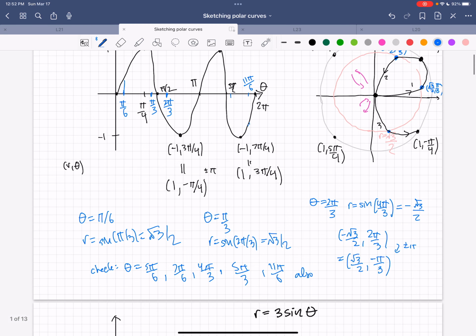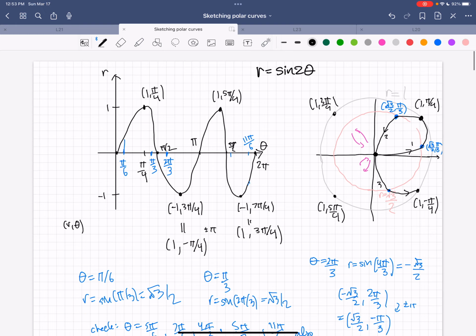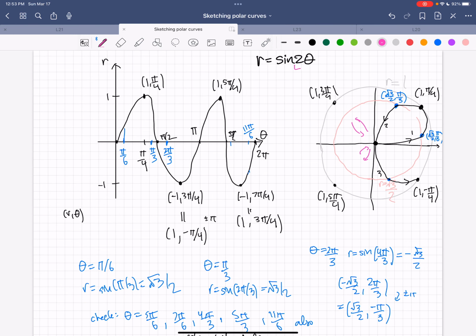And the end result is that you're going to get rose with 4 petals, which is exactly what you would expect by looking at this equation, because here this coefficient is 2, and whenever we have something of the form sine of some constant n times theta or cos of some constant n times theta, when that n is even, we get 2n petals.